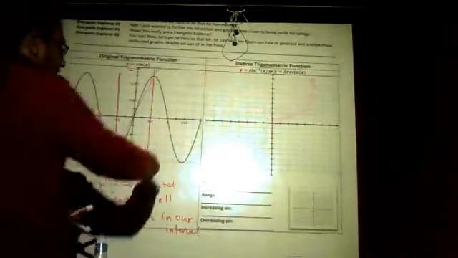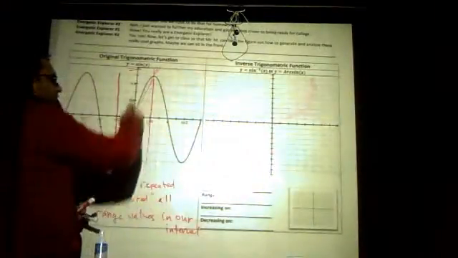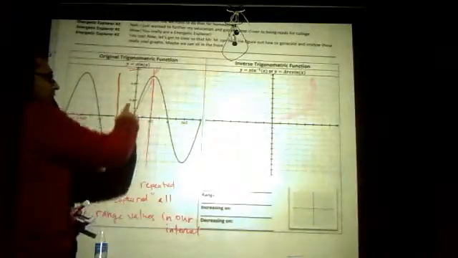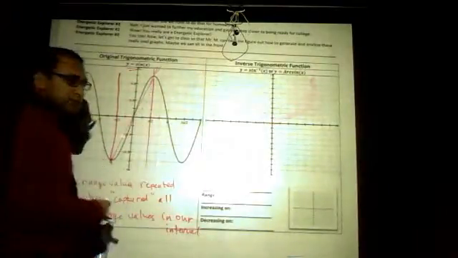So in order to show that, what we're going to have to do is change our axes. Anything that was on my x-axis is now going to be on my y-axis, and anything that's on my y-axis is now going to be on my x-axis.